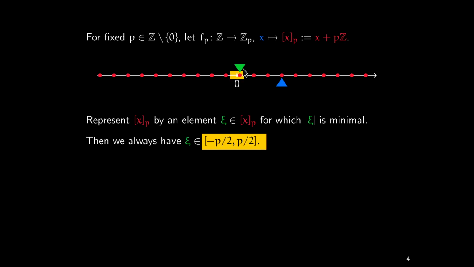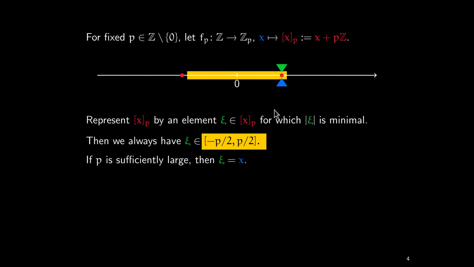So you know that because the distance of any two red points is p, there's exactly one point in this yellow region, which extends from minus p half to plus p half. And this means that if you make the p large enough, there will be only one possibility.